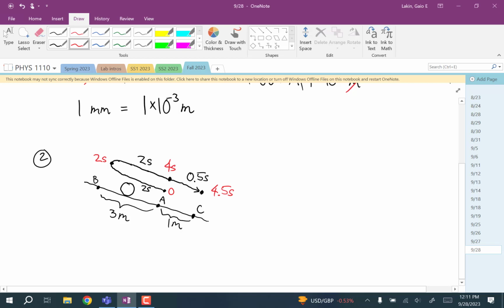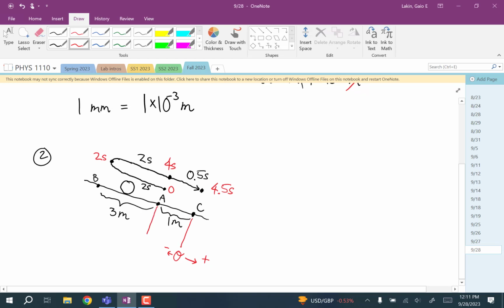And now let's think about the positions. It says that the 0 position is at C. And the positive is this way, which means the other way is negative. Remember that the position combines 2 things: how far you are from 0, and then a positive or a negative telling you which direction from 0 you are.